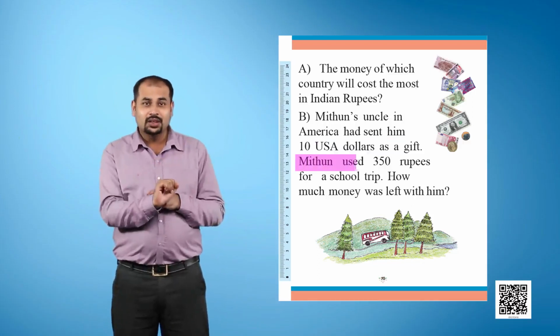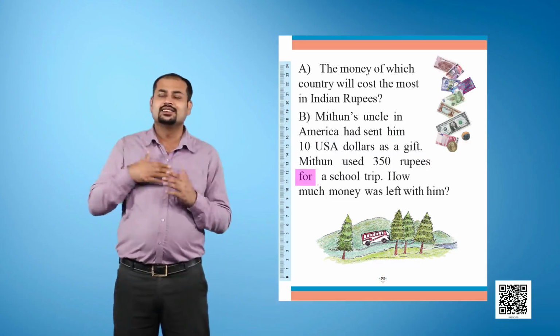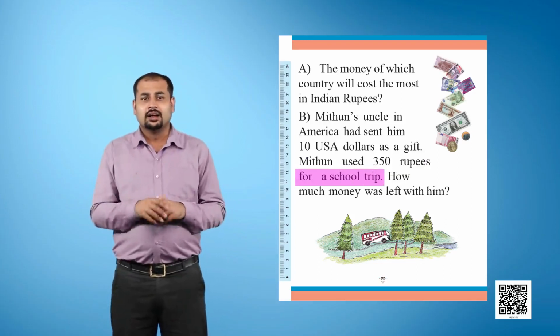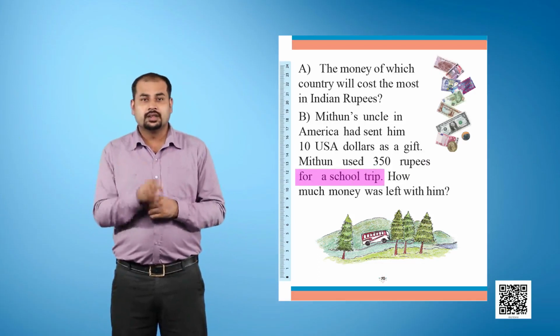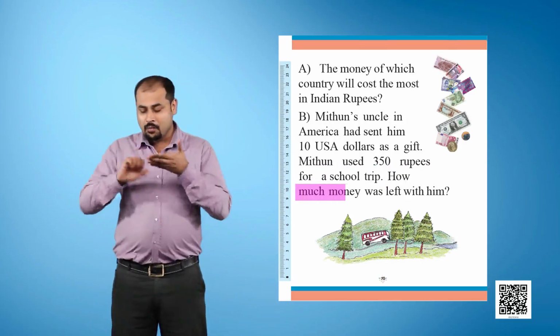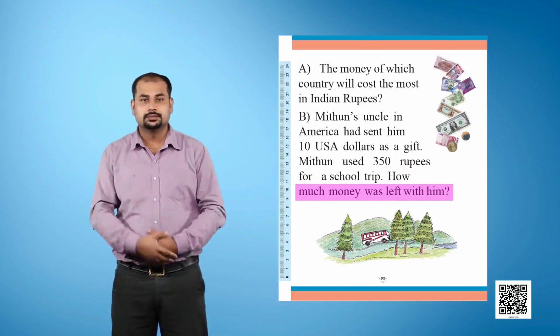Mithun used 350 rupees for a school trip. How much money was left with him?